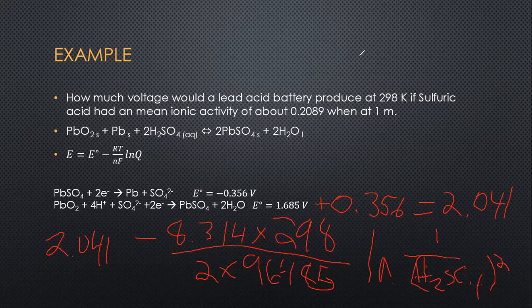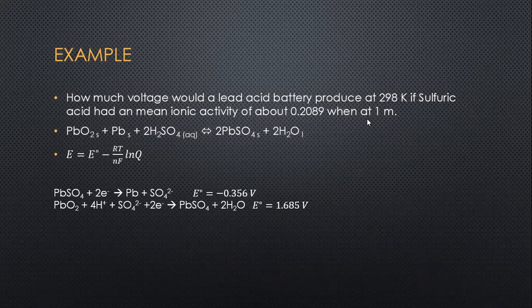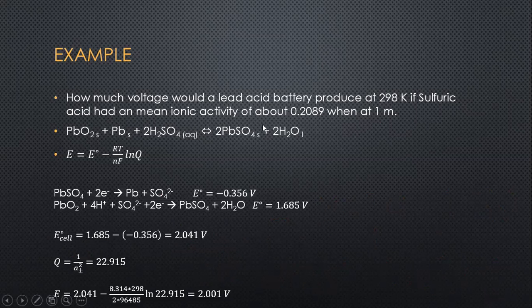So the cell potential of this under these conditions is 2.001 instead of 2.041. Not a huge change, but once again, this is pChem. We're trying to measure how these things change from a real situation.